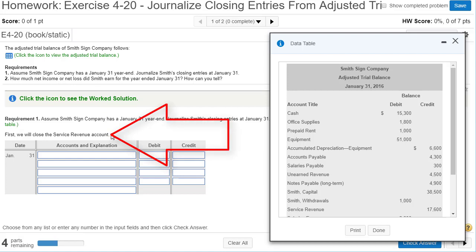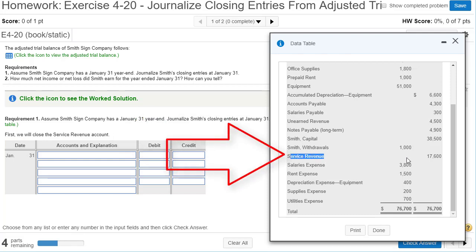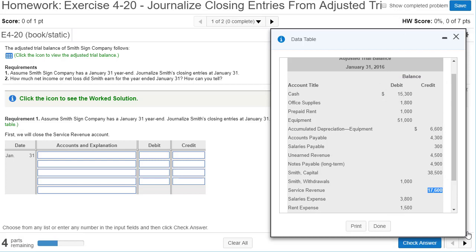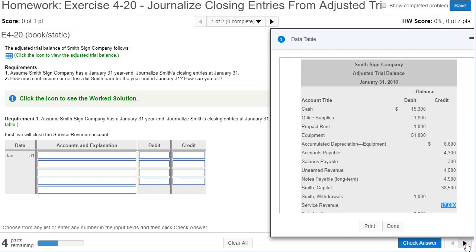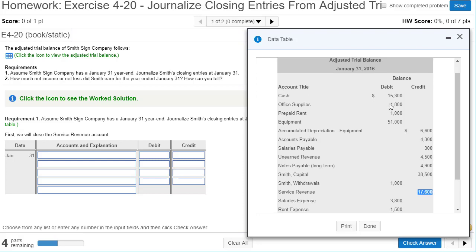So first, we're going to close out our revenue accounts. So we need to scroll down to find the revenue account. Remember, revenues and expenses are at the bottom. And it looks like our service revenue account is $17,600. So notice we've got debit and credit columns.